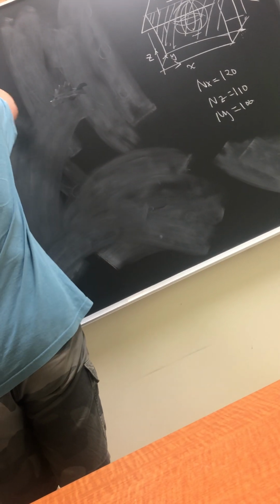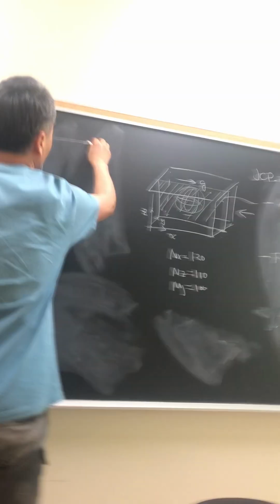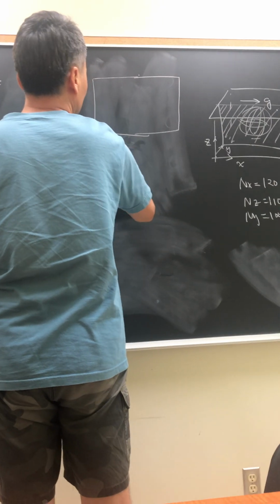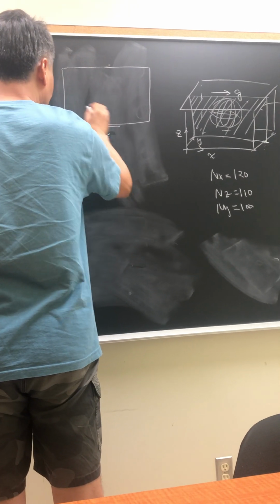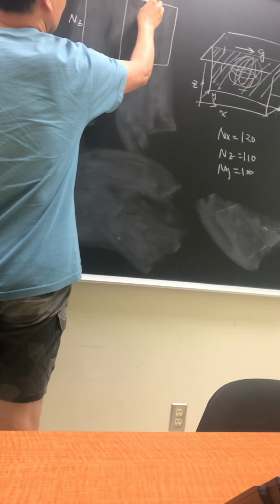So for gamma, if we look at the front view, this would be NX, this would be NZ, and we want a shear flow pretty much this way.